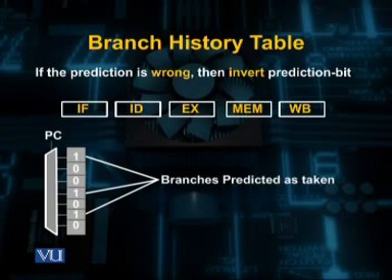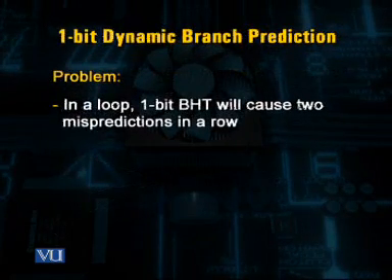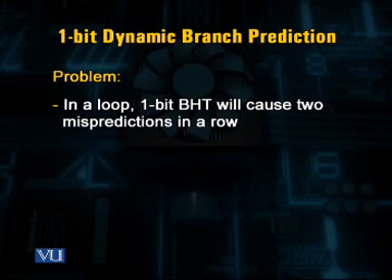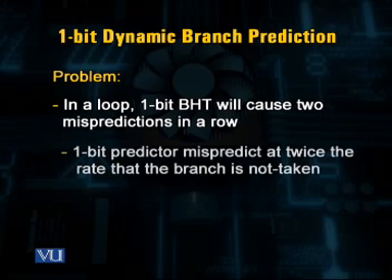Here we can see it with the help of this example. The problem with this 1-bit dynamic branch prediction technique is that in a loop, 1-bit branch history table will cause 2 mispredictions in a row. A 1-bit predictor mispredicts at twice the rate the branch is not taken.